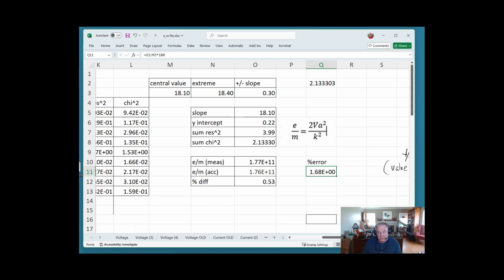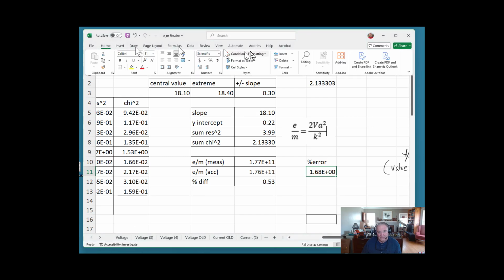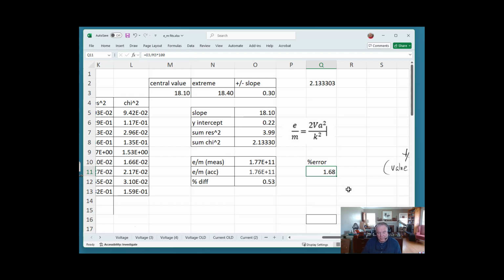So our percent error is a little bit larger, well, 3 times larger, but you know, that's what they say, lies, damned lies, and statistics. And you say, oh, well, it's 3 times larger, but when it's the difference between 0.53% and 1.68%, that's pretty damn good, getting a 1.68% error.